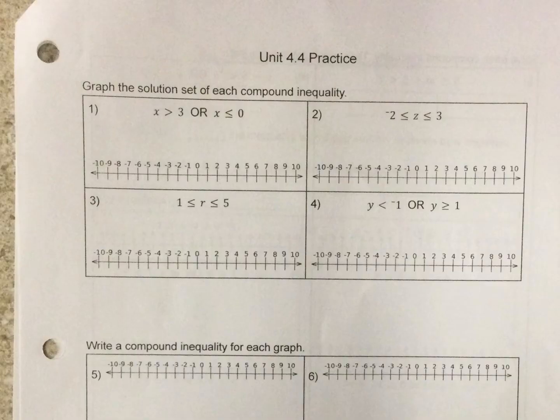We're going to do some practice. So all you're going to do is take the information provided right here and graph it. So first let's look. X is greater than 3. Open circle on 3.